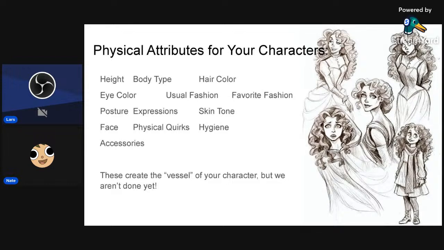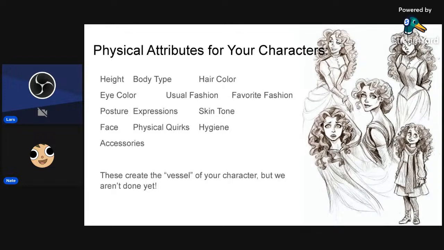The physical attributes of your character that you want to think about in order to create the vessel are their height, their body type, meaning are they skinny, are they fat, are they muscular, barrel-chested, short, tall, weirdly proportioned, are their arms slightly too long, all kinds of things that you would see when you first look at a person, their general shape.